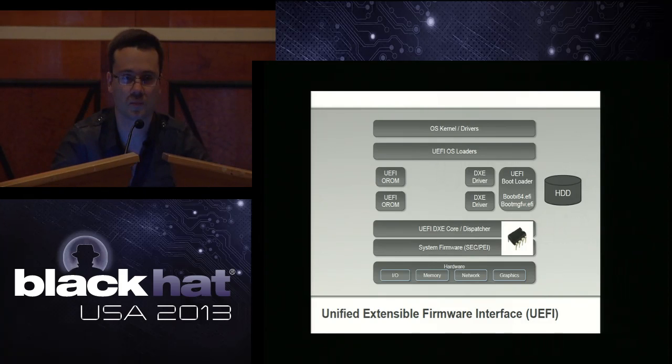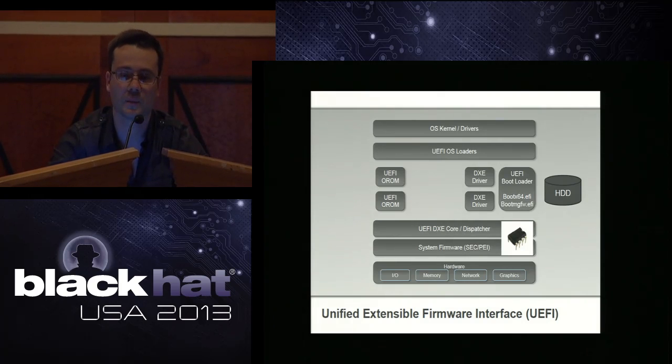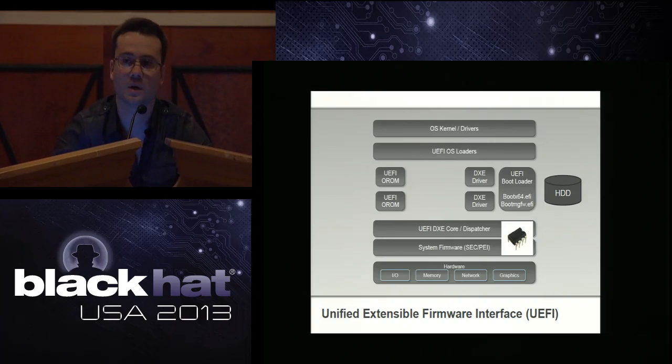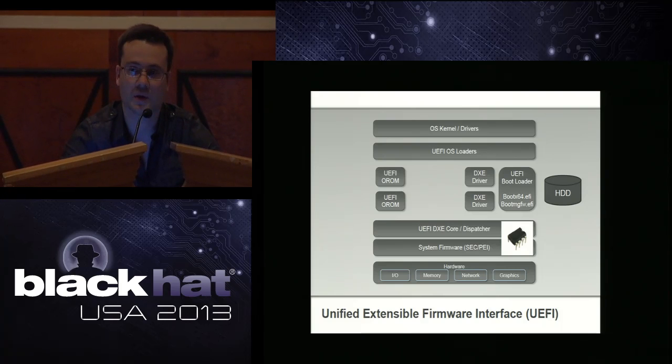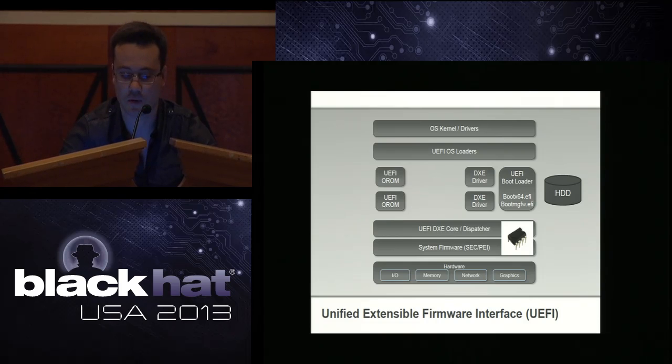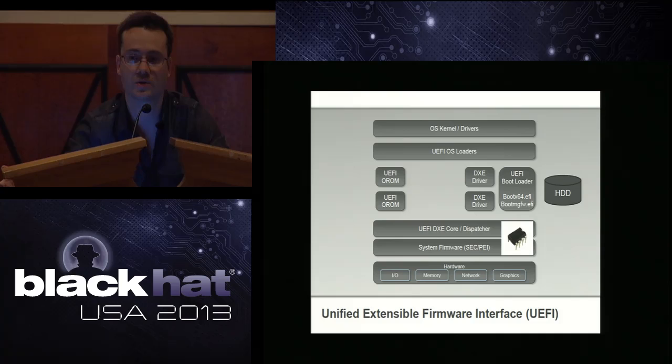So UEFI and bootkits. This is a rough picture of a firmware software stack on modern PC systems, or not just PC actually. You have a bottom layer, which is hardware: chipset, CPU, and a bunch of devices, network cards, hard drives, and so on. And you have a system firmware running on top of it, which if it conforms to the UEFI standard, is a newer firmware. In the past, it was a legacy BIOS. In UEFI terminology, the system firmware starts from the security phase and then jumps to the pre-EFI initialization phase, where all the bootstrapping of the hardware is happening.